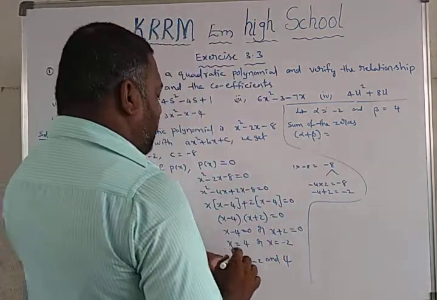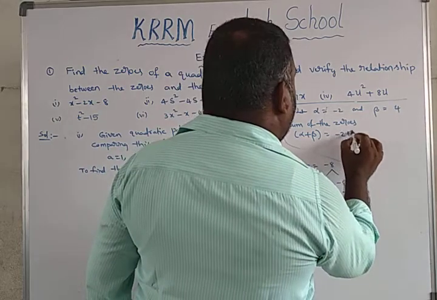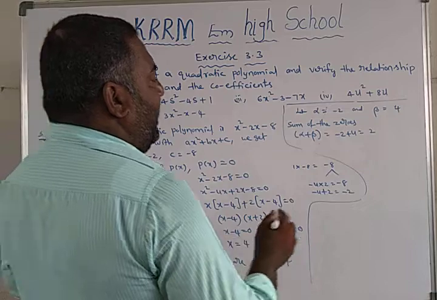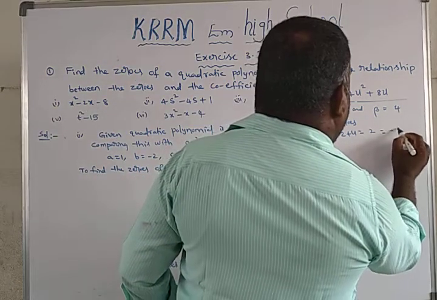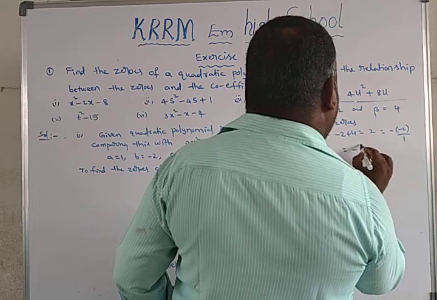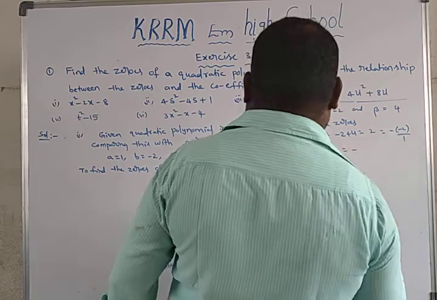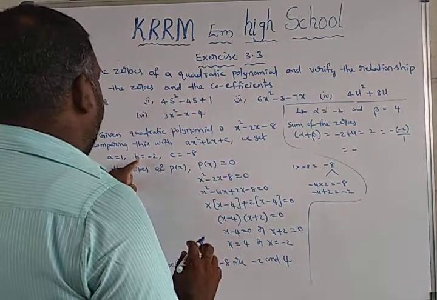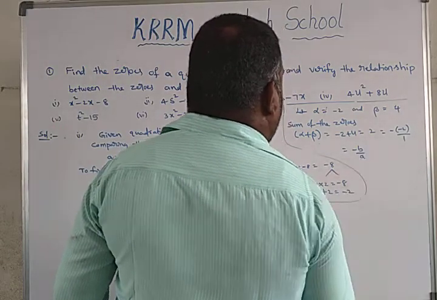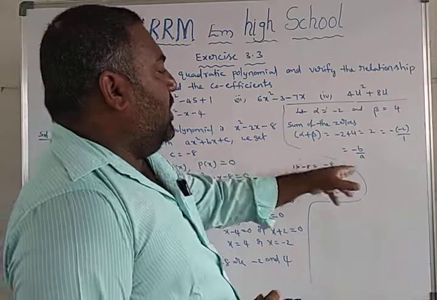Alpha plus beta is equal to minus 2 plus 4, which is equal to plus 2. This can be written as minus of minus 2 upon 1. Minus 2 is b, so minus b upon a. So alpha plus beta is equal to minus b by a.